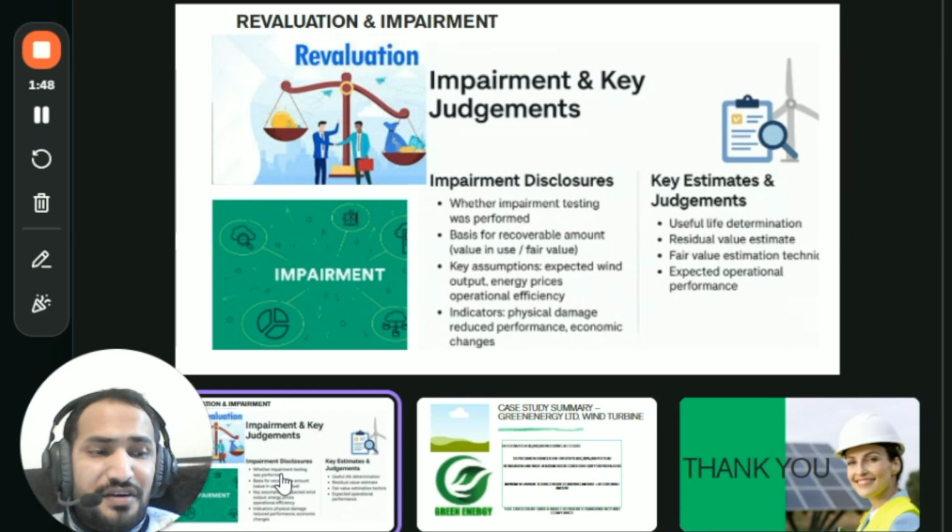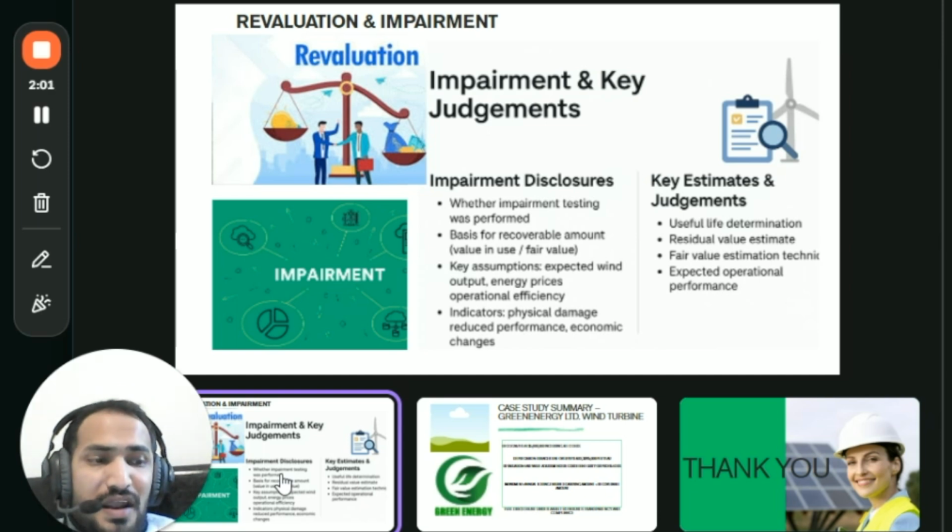Fourth, the standard requires disclosures of any impairment indicators and impairment losses. If the recoverable amount falls below the carrying amount for a wind turbine, this may involve factors such as change in wind pattern, electricity prices, or operational efficiency.